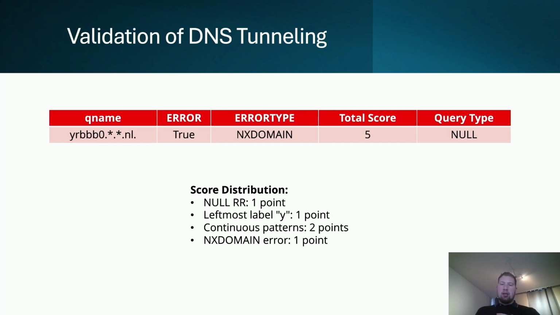You can see here the null resource record, the Y in the leftmost label, the continuous patterns, and the NXDOMAIN response that we received as the first DNS tunneling query, similar to our observations.